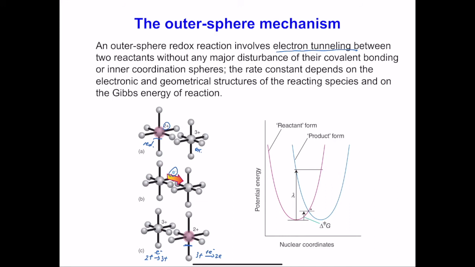You can see the purple curve is the energy curve for the reactants, and the blue curve is for the products. Here is the reactant, here is the product.